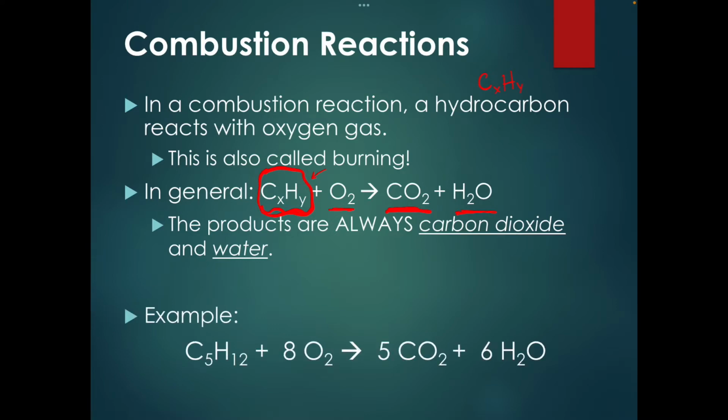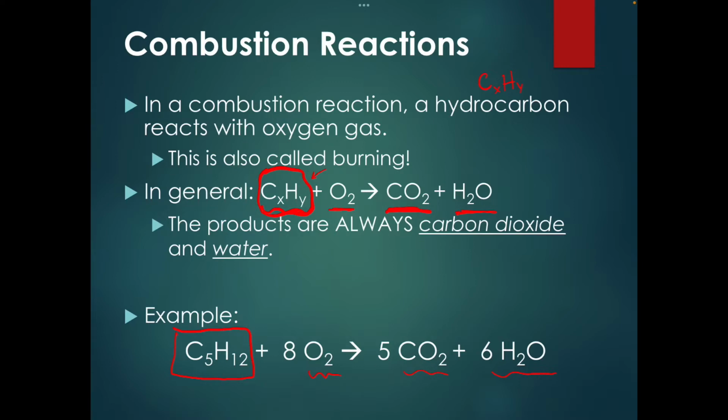So here's an example. So this is pentane. Pentane is reacting with oxygen gas to make carbon dioxide and water. So again, the only thing that's ever going to change is this hydrocarbon. It's always going to react with oxygen gas. It's always going to produce carbon dioxide and water. You will just be responsible for balancing that equation.